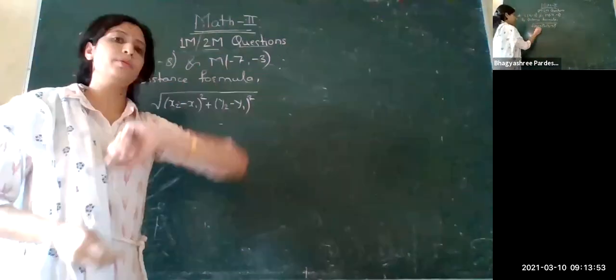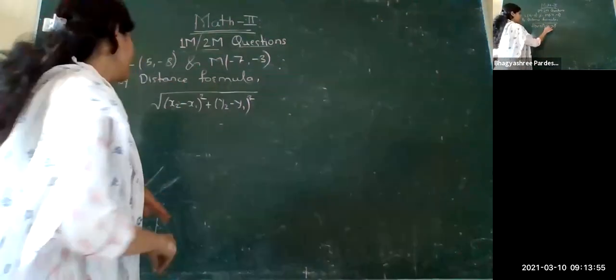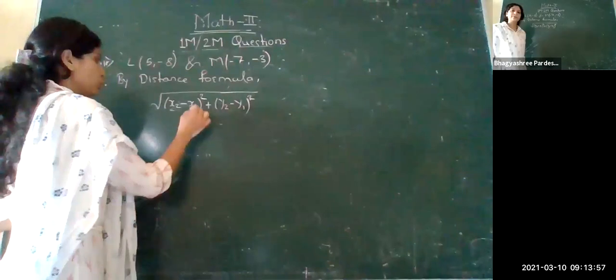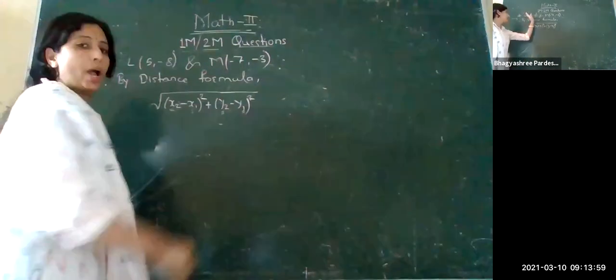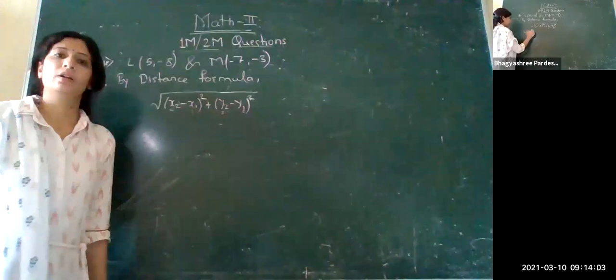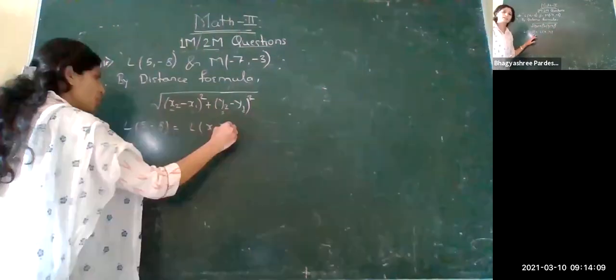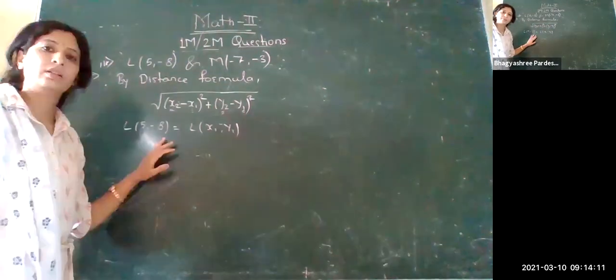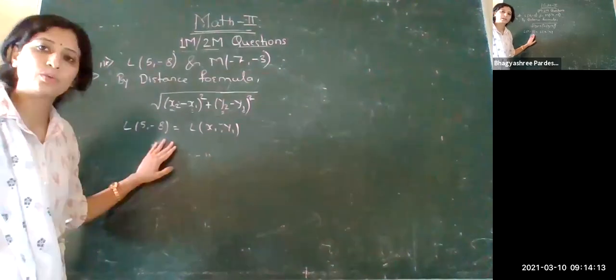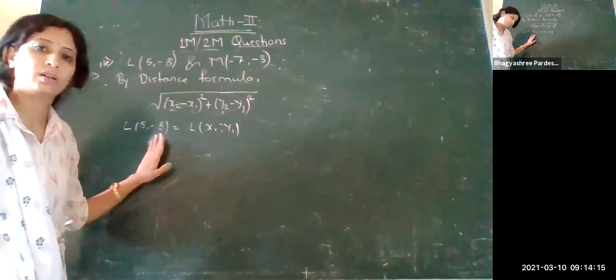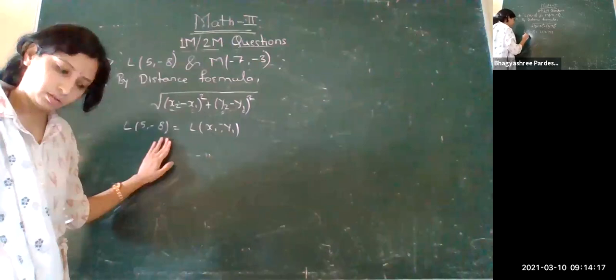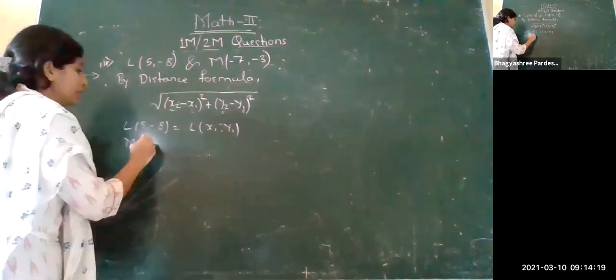Again, which is x2, which is x1, which is y2, and which is y1? These are our two points L and M. So this is L, (5, -8). Can I consider this as L, x1 comma y1? Yes. Then next is my M, that is -7 comma -3.